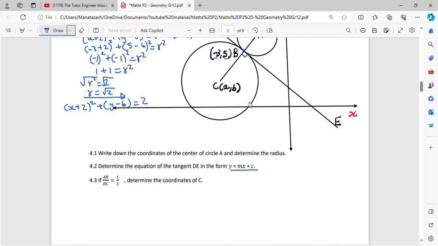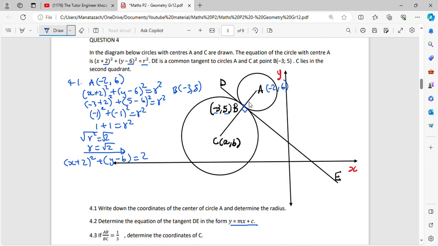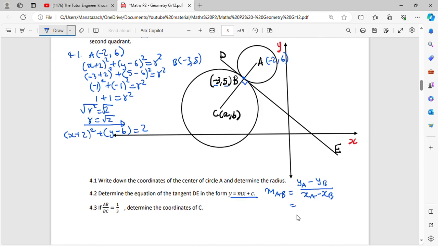So now let's do so. Let's calculate the gradient for AB. It will be y at A minus y at B divided by x at A minus x at B. Y at A is 6, y at B is 5, divided by x at A, which is -2, minus x at B, which is -3.